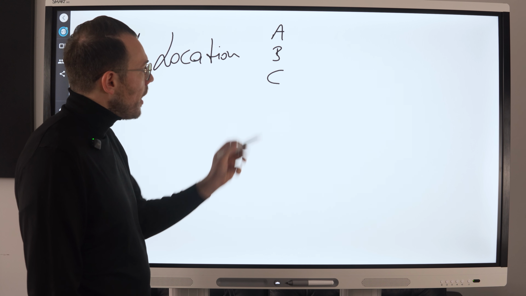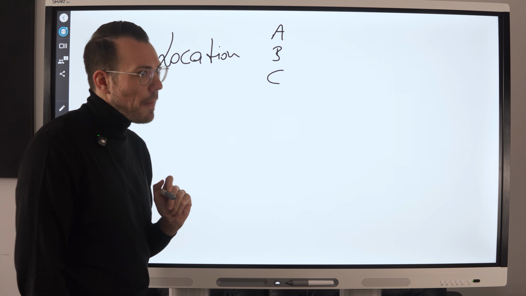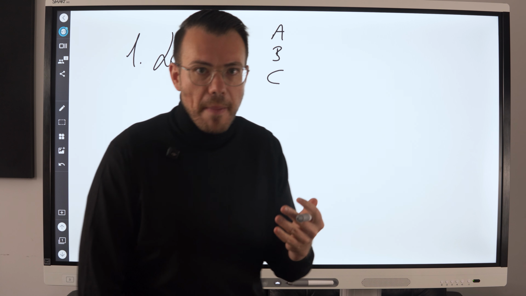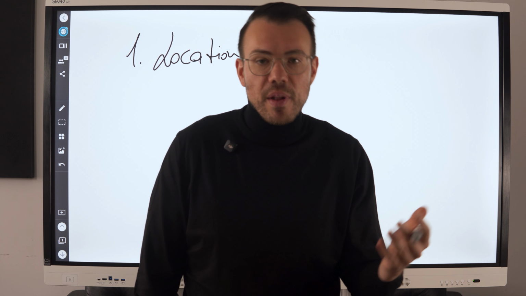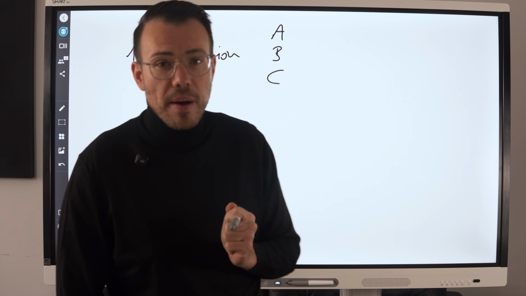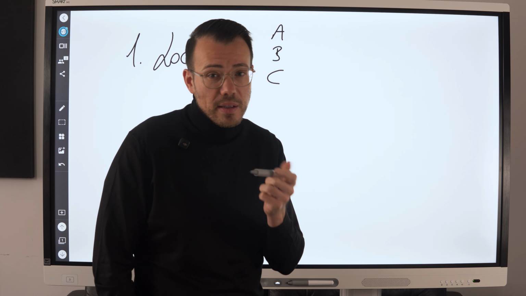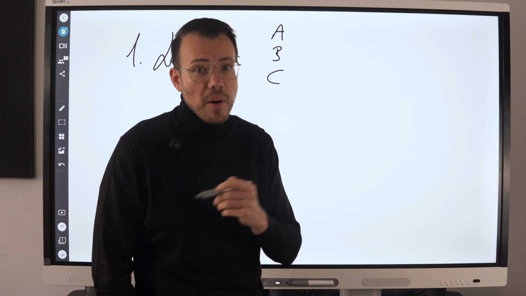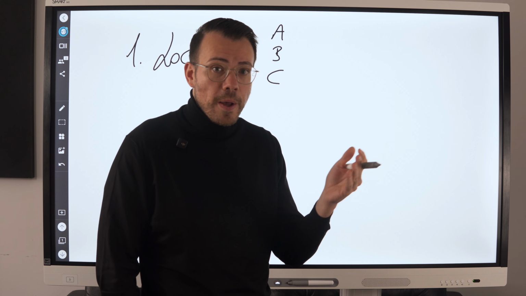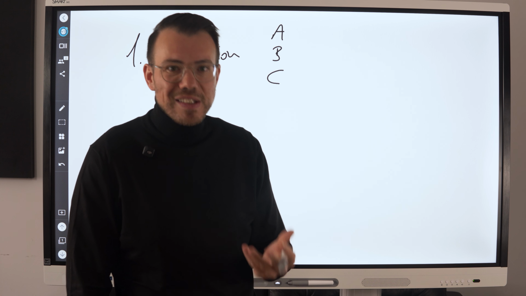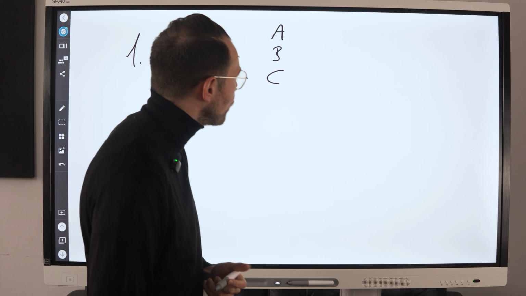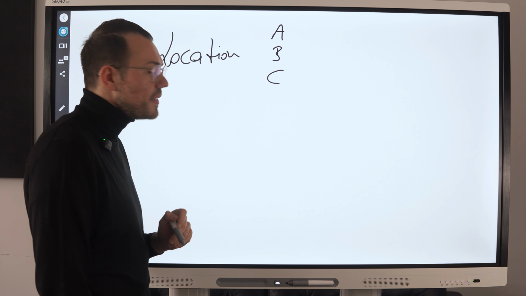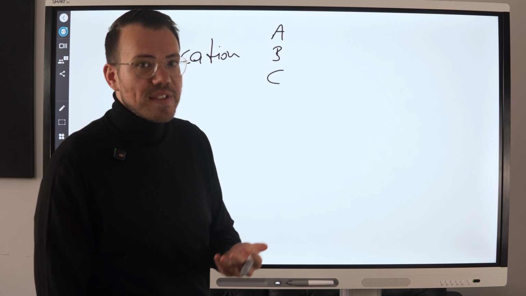A location. B locations are bigger cities, but not as big as Berlin. For example, Leipzig or Nuremberg in Bavaria, or Bonn in North Rhine-Westphalia, or Darmstadt or Wiesbaden in Hessen, for example. Okay, so these are B cities. Also pretty interesting cities.